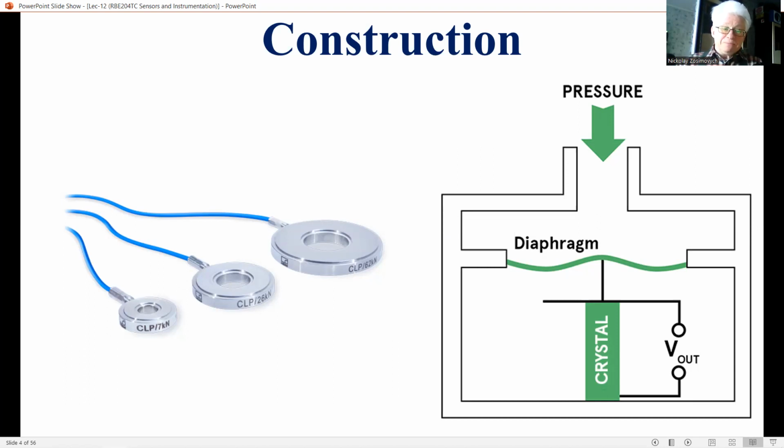Also, force is the primary quantity that is measured by a piezoelectric sensor. Other quantities, such as pressure, strain, and acceleration, can easily be measured as well using a proper construction.